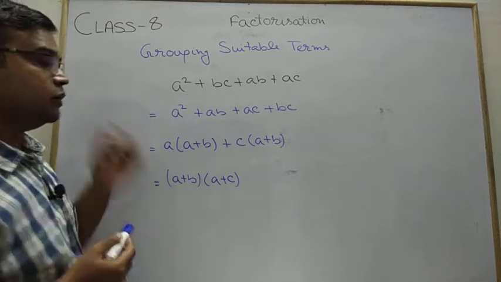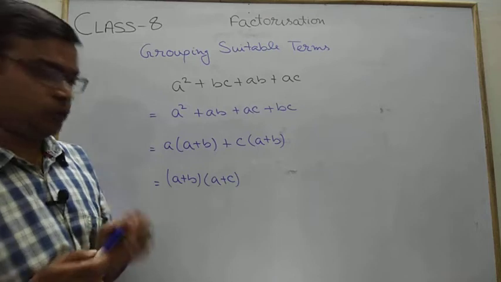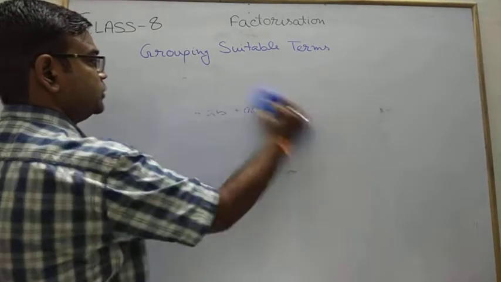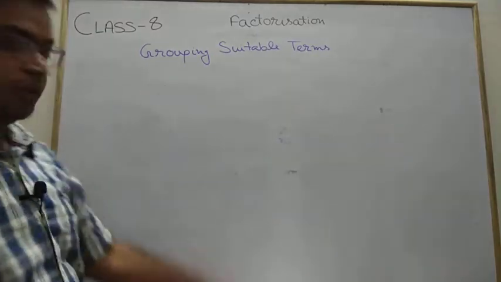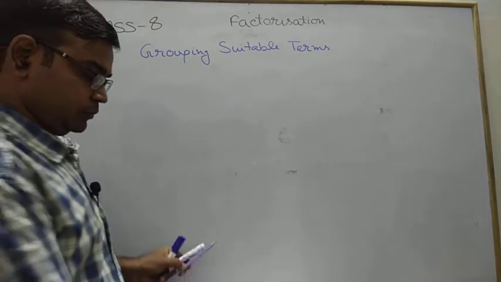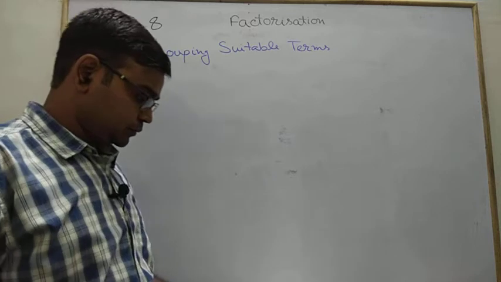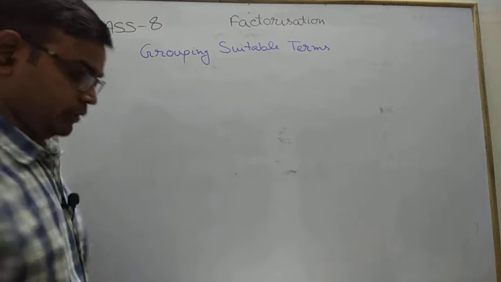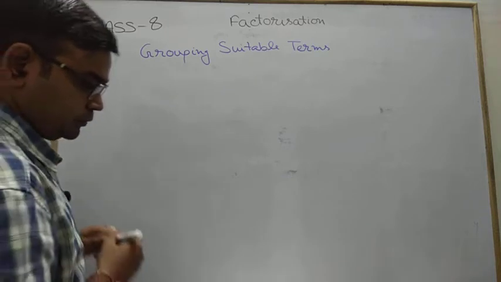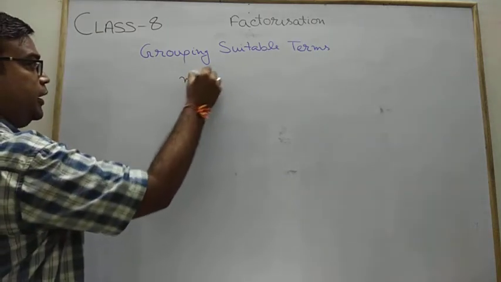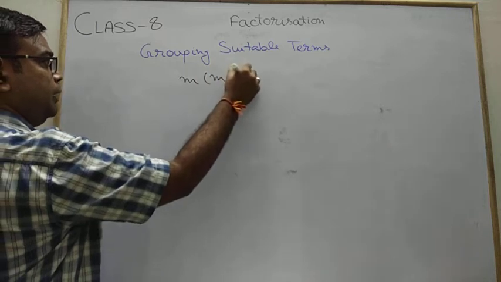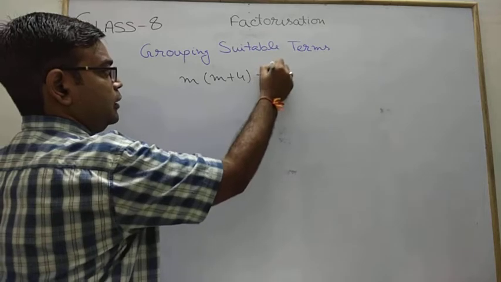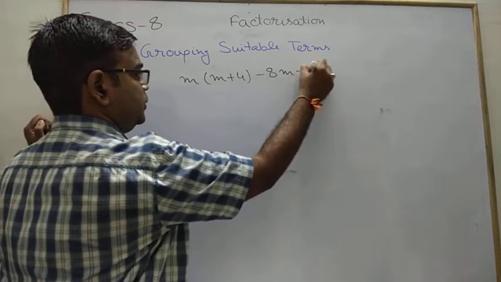So likewise we discuss the questions. I am picking the very first question. In this question I am using some minus signs so that you can easily understand the concept. It is m into m plus 4 minus 8m minus 32.